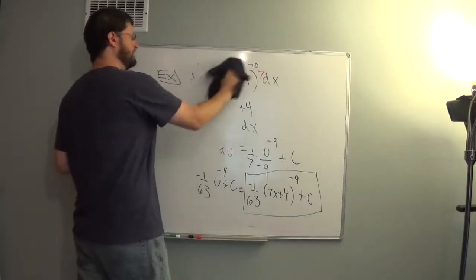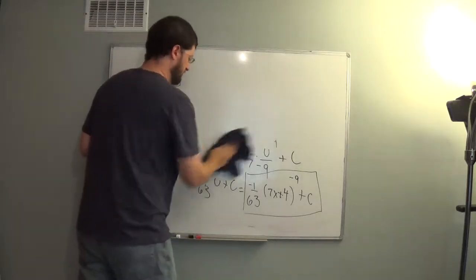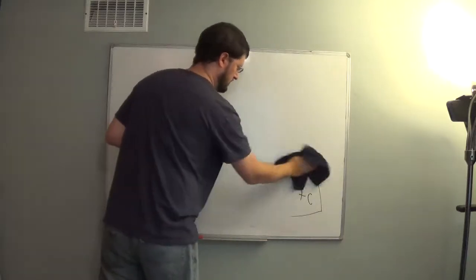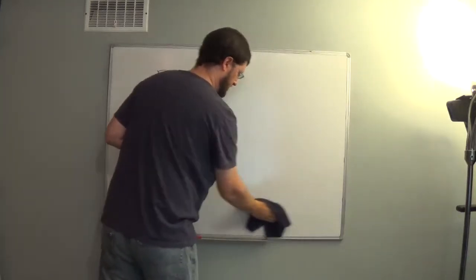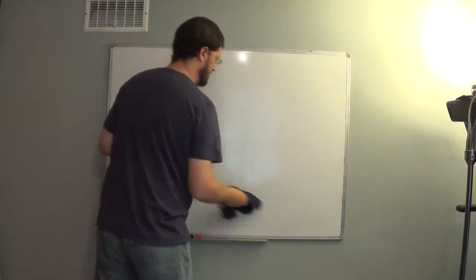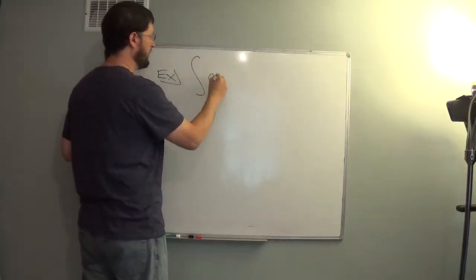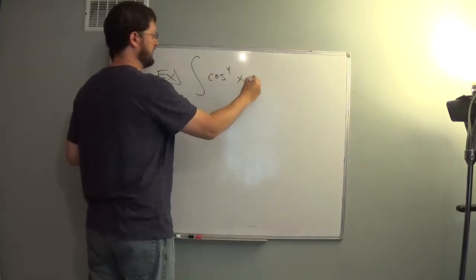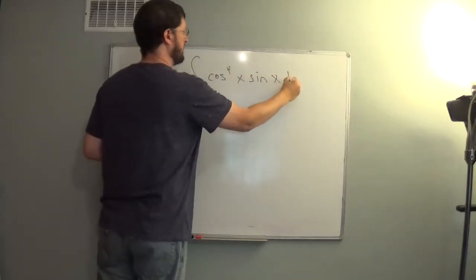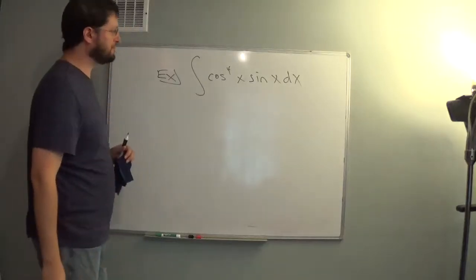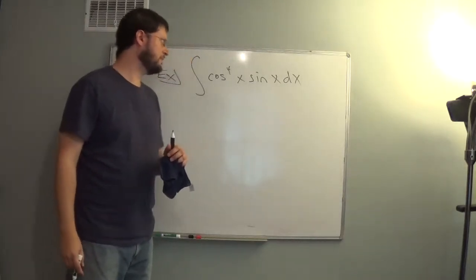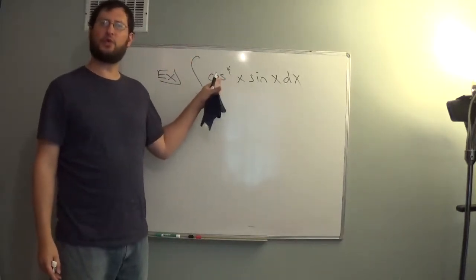Let's look at another one. How about the integral of cosine to the 4th of x times sine x dx? Remember what cosine to the 4th x means.